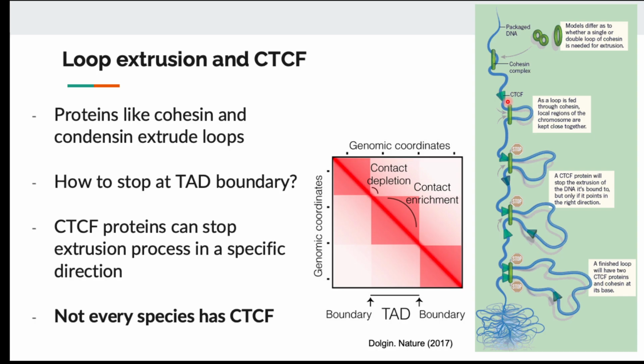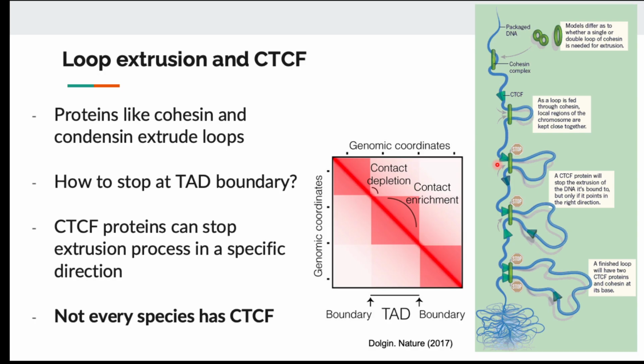This CTCF binding site is bound by a protein called CTCF. And this protein CTCF is very special. It has a direction. When CTCF is bound to the DNA, and a protein that can move the DNA runs into CTCF in the right direction, it will be stopped.